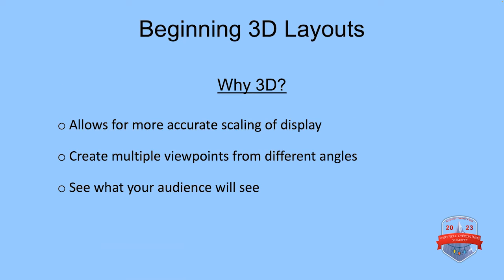So why 3D? I discussed this in the last class. It allows for more accurate scaling of your display. If you have a 2-foot snowflake, it will actually look like it should against your house versus being too small or too large. Create multiple viewpoints from different angles, which I will show you. And then see what your audience will see. That's one of the tools that I really enjoy seeing.